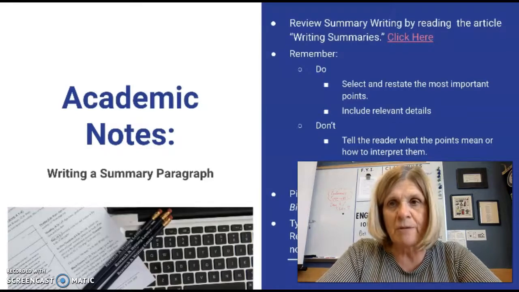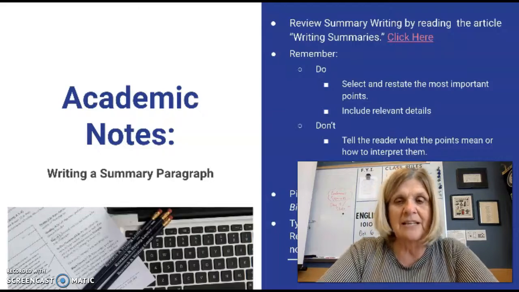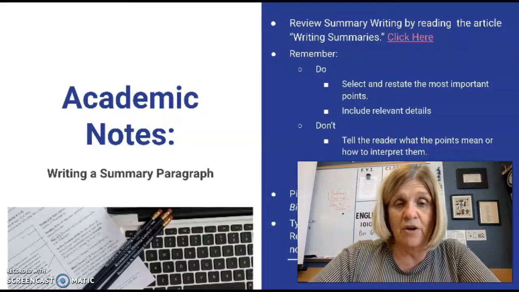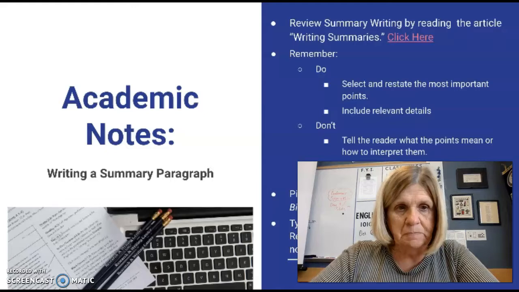Remember, for summary writings, you also have to include a citation. So since we have not discussed citations yet so far in the class, I've actually cited the book for you in the teacher notes on this slide.